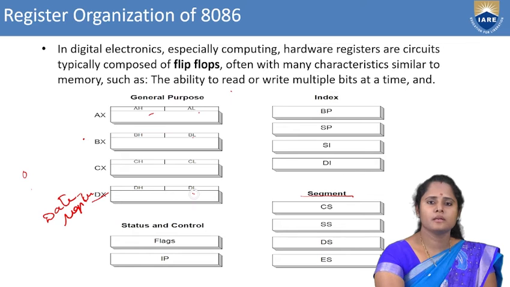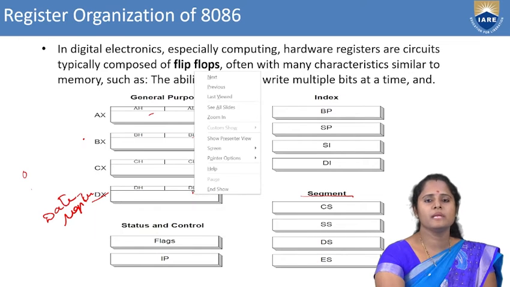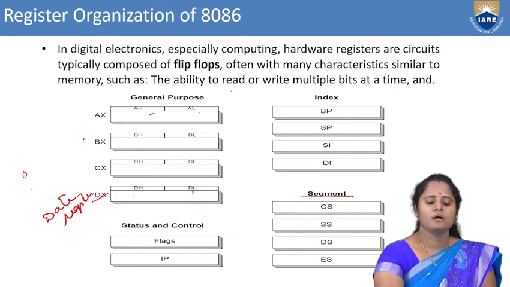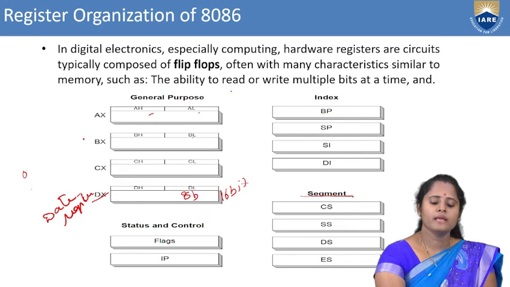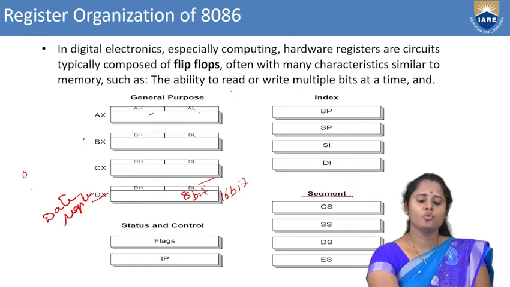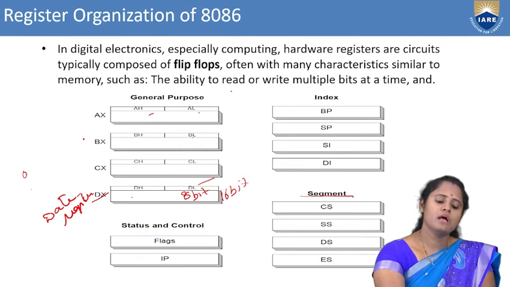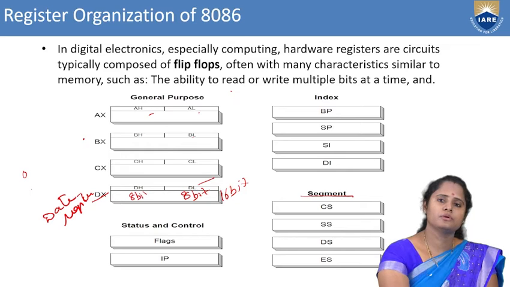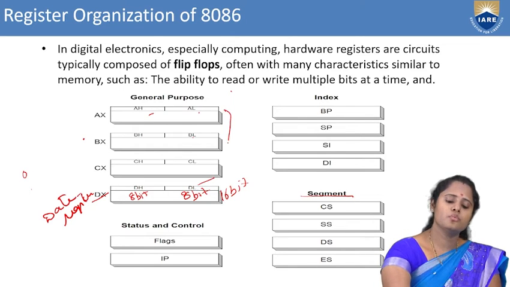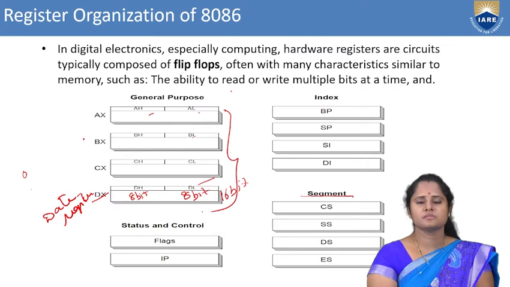Similarly to AX, BX and CX, the data register, which is 16-bit, is also divided into a lower 8-bit, indicated by DL, and a higher 8-bit, indicated by DH. L indicates lower, H indicates higher. So higher 8-bit data is stored here. So this is what the general purpose registers are.